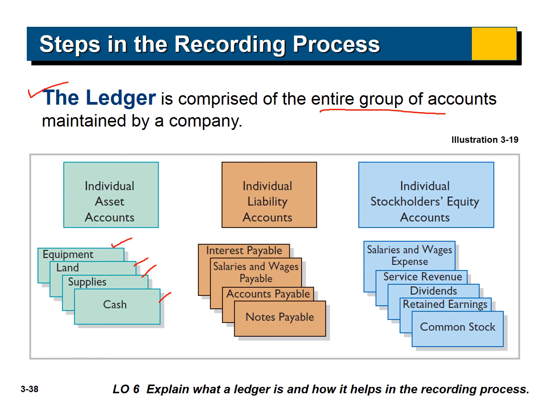And then all of our liability accounts, interest, wages, accounts payable, notes payable, all of our stockholders equity, our revenues, our expenses, our dividends, etc. So each one of those has its own account. We showed you the T account earlier. Actually, it's called a ledger account or a ledger, and that's where we record the effects of each transaction on those individual accounts.